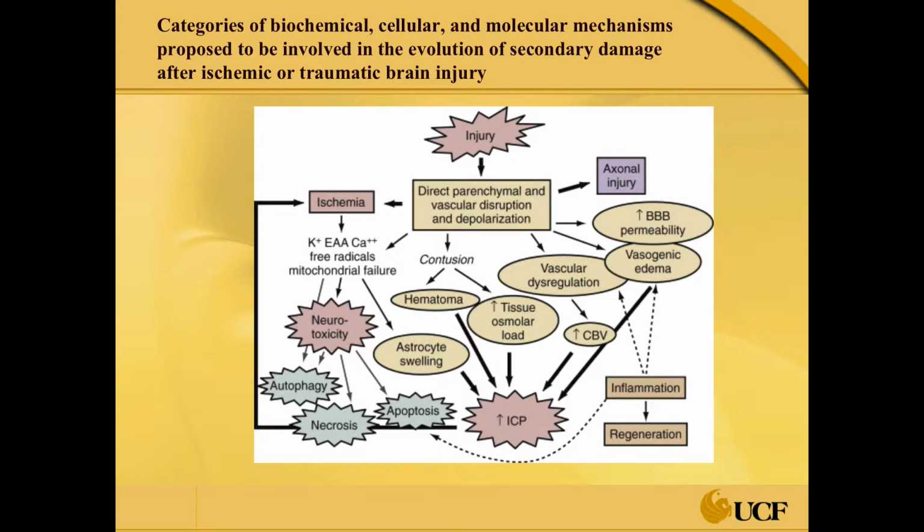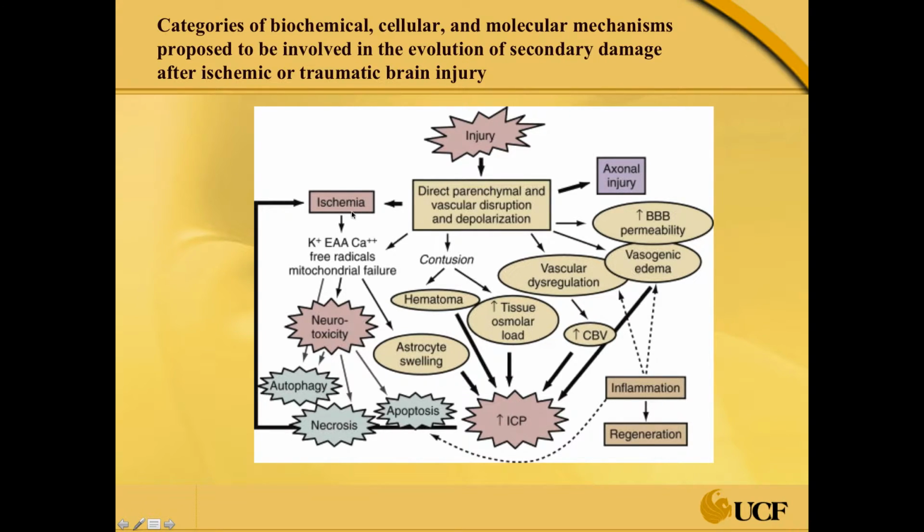So this shows the different categories of biochemical, cellular, and molecular mechanisms proposed to be involved in the evolution of secondary brain damage. You can see here, let me get my pointer out. Obviously, injury occurs, which is that first initial primary injury, direct parenchymal and vascular disruption, and depolarization, and then it follows different pathways here.